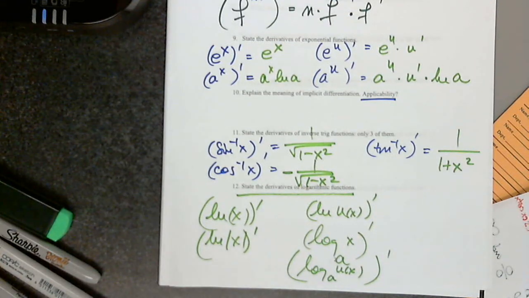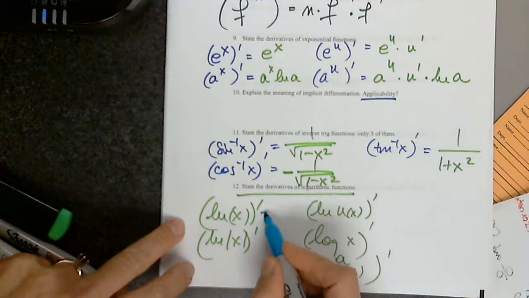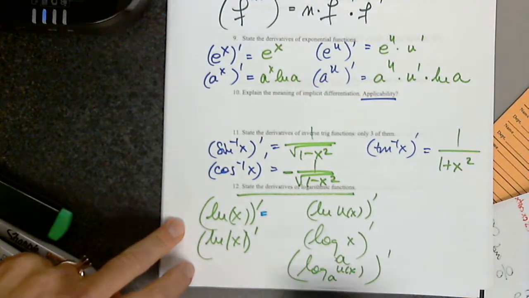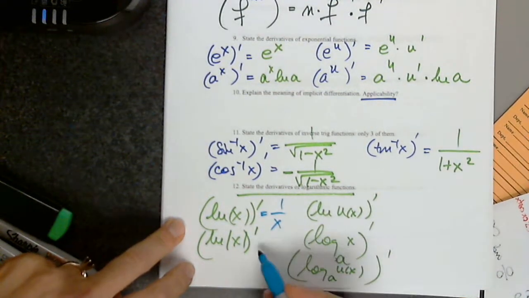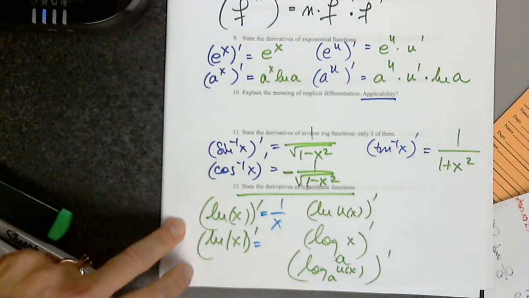The first one. 1 over x. The second one. 1 over x. Very good. Please remember this. Very important. Result I needed in chapter 5.